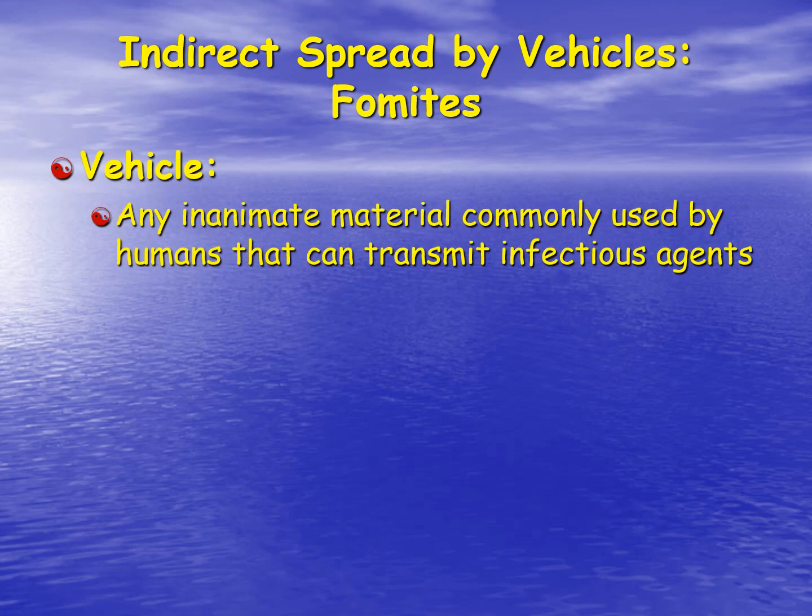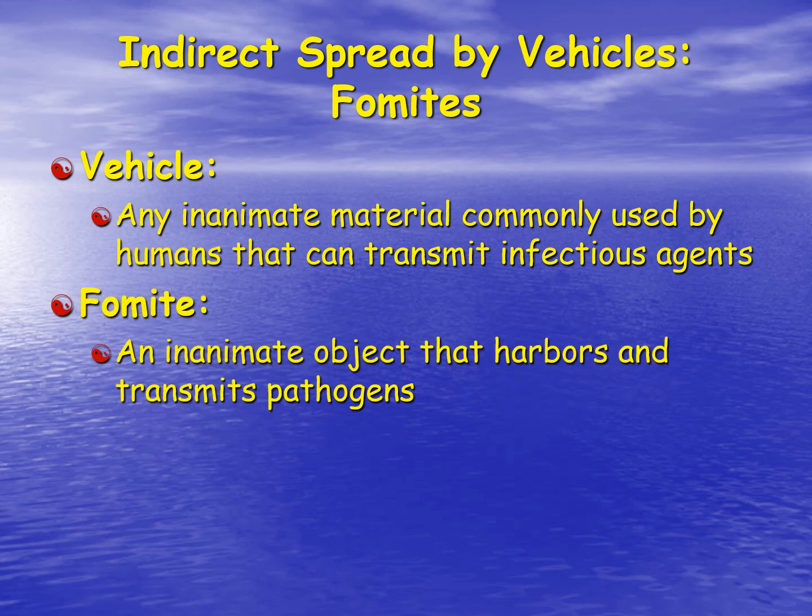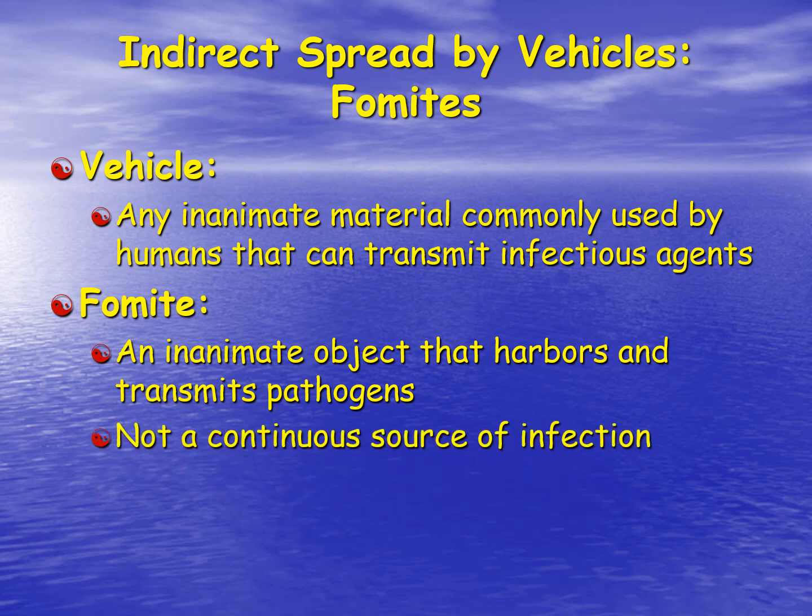So again, vehicles are any inanimate, non-living material commonly used by humans that could transmit infections: soil, water, air. Fomites are inanimate objects that harbor the organism and can transmit it, but usually when the person comes in contact with that fomite. So it's not a continuous source of infection. I can clean the doorknob. I can clean the elevator button.